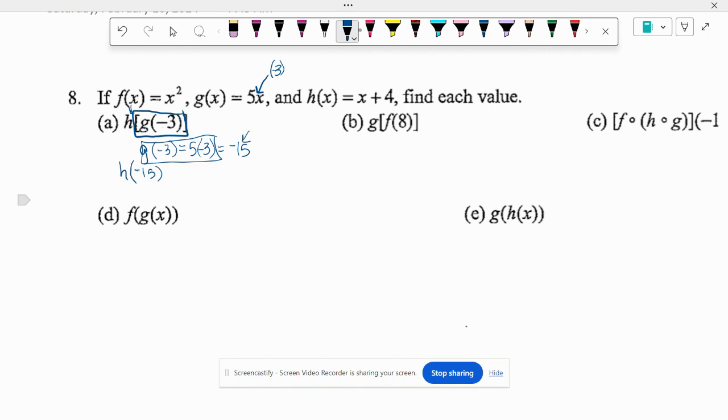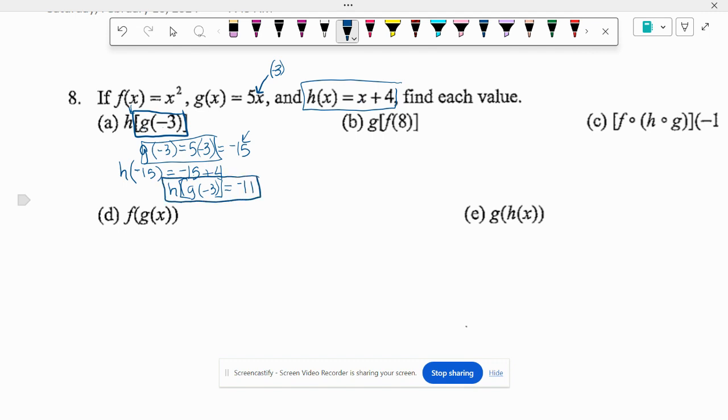So I'm really evaluating the h function at -15. So instead of x, I'm using -15 for x plus 4. So h of g of -3 is -15 plus 4, which is -11.